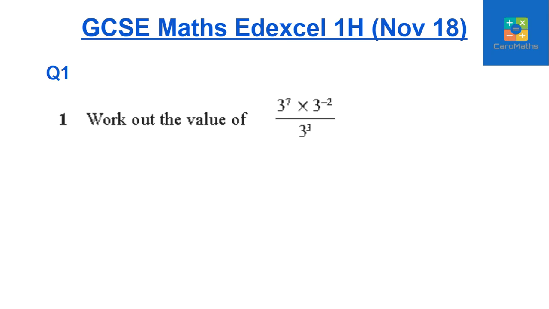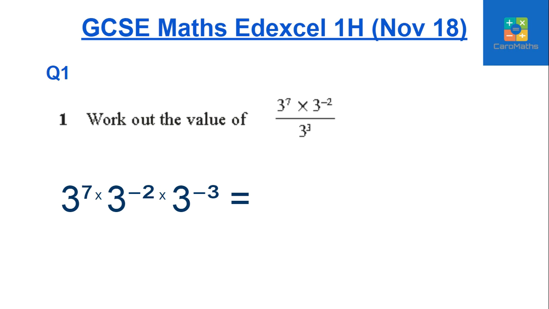Question 1. Work out the value of 3 to the power of 7 times 3 to the power of minus 2 divided by 3 to the power of 3. And here we need the law of indices. Firstly, we can rewrite this as 3 to the power of 7 times 3 to the power of minus 2 times 3 to the power of minus 3.